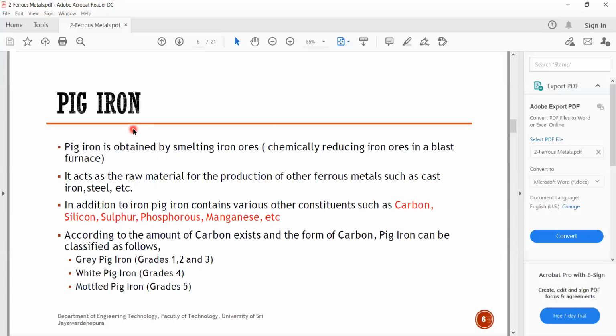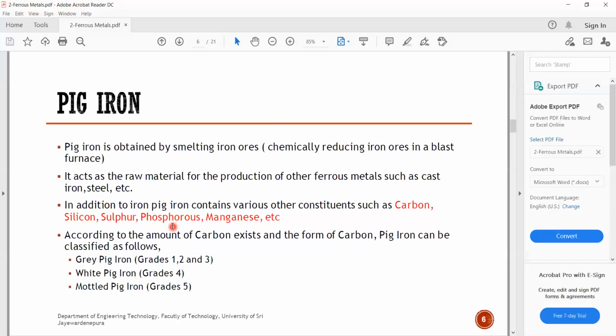This pig iron you can also use as a raw material for your production of other ferrous metals. But in addition to iron, pig iron contains other constituents also: carbon, silicon, sulfur, phosphorus. Likewise, it has other constituents, so they are called impurities, right?